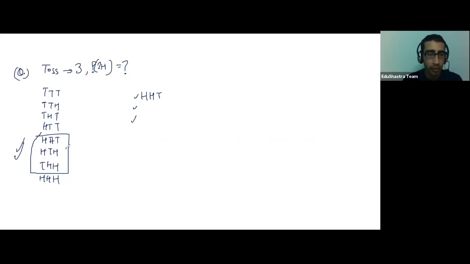Now, there happen to be 3 written here on your screen, but they happen to be 3 for a reason. If you look at these 3, what you're trying to do is arrange 2 similar H and 1 T in a straight line. This is very similar to the PNC concept that we had covered, in which you try to find out the number of words in which some letters are similar.